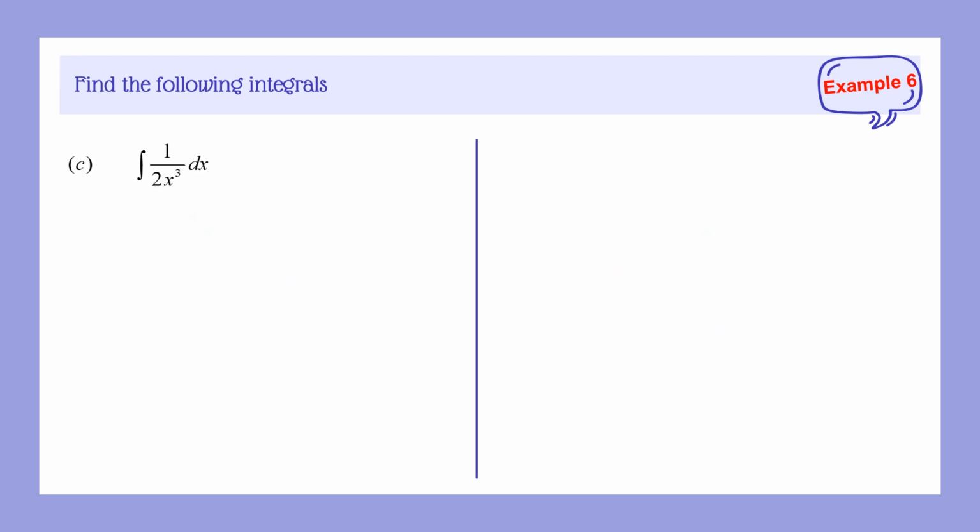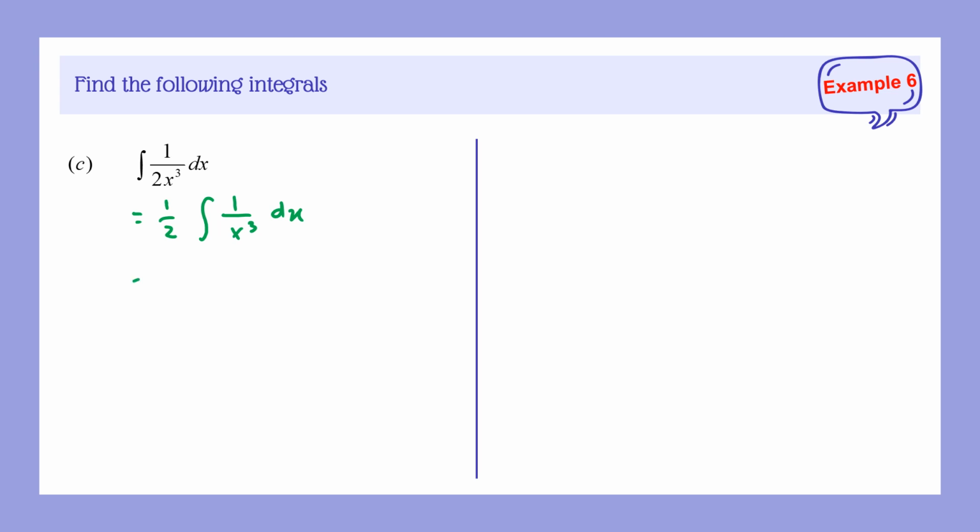For question C, integrate 1 over 2 x to the power of 3 dx. So we bring out 1 over 2. So then we get 1 over 2 integrate 1 over x cubed dx. And then we change integrate 1 over x cubed dx to x to the power of negative 3.